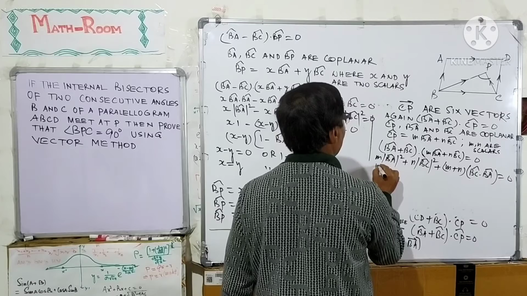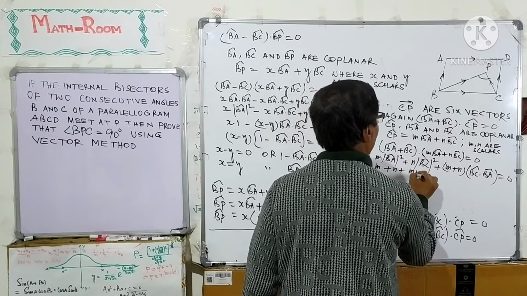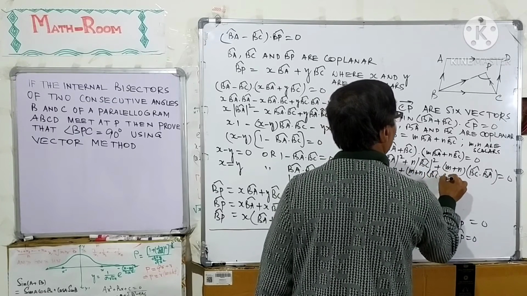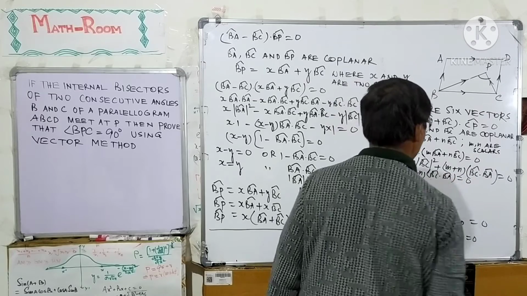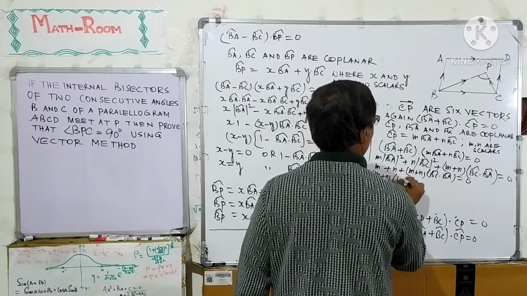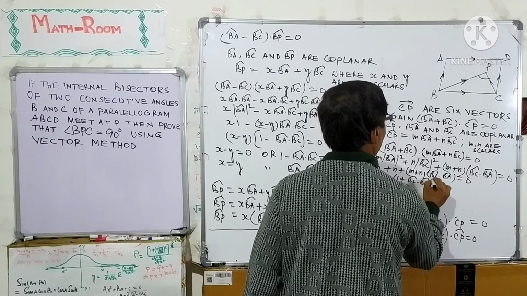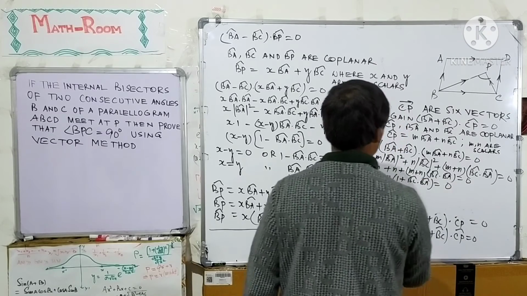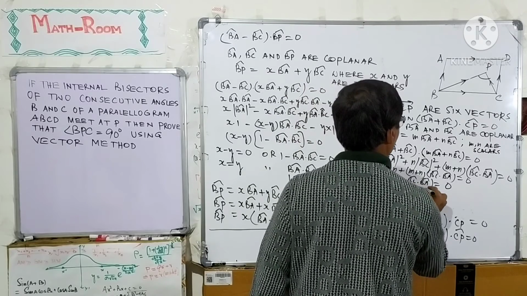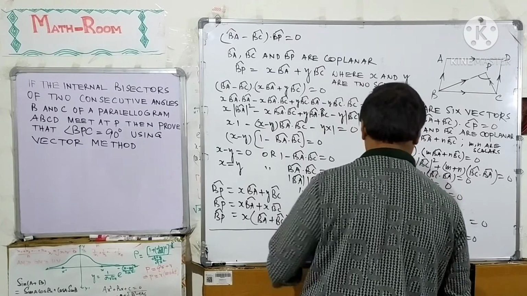So, M into 1 plus N plus (M plus N) BC cap dot BA cap equal to 0. So, (M plus N) into (1 plus BC cap dot BA cap) equal to 0, that is M plus N equal to 0, or 1 plus BC cap dot BA cap equal to 0.